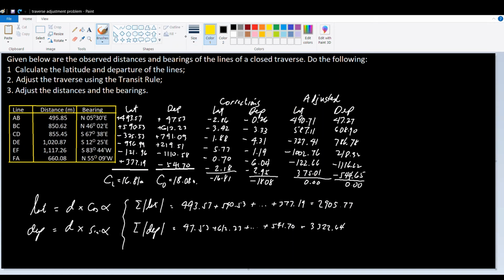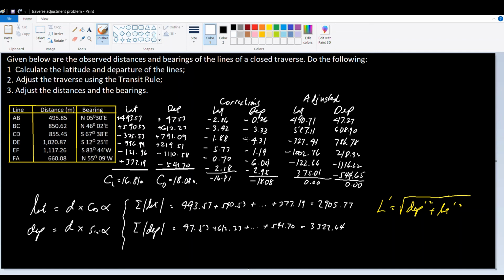Next is we adjust the length of each line as well as their corresponding direction or bearing. So the adjusted length is determined using Pythagorean theorem, that is departure prime squared plus latitude prime squared. Okay? So for the line AB, we have done this before in the compass rule.